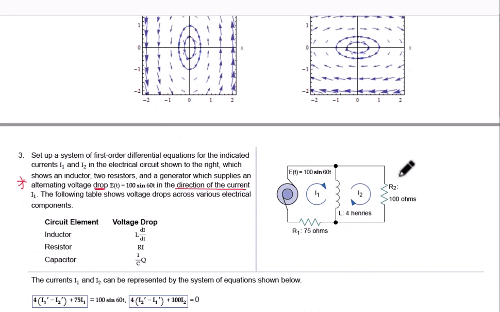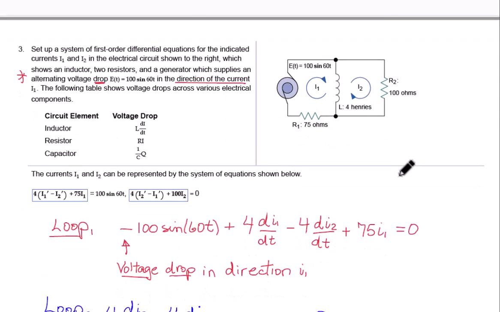All right, on question 3 here, we have an electrical network. I've got some resistances R1 and R2. I have an inductor which has 4 henries. I have an alternating source here, 100 sine 60t.